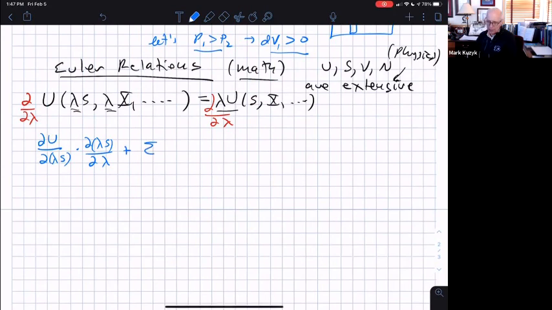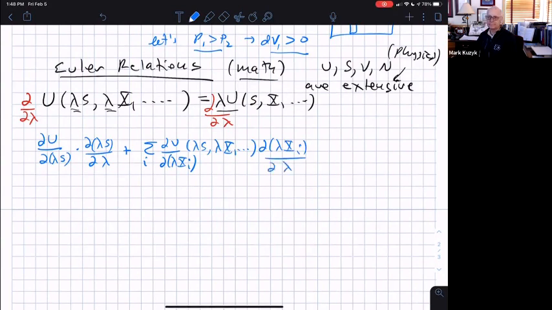Let me say sum over i, partial u with respect to lambda x_i. And then this is going to be as a function of all the extensive parameters. And then partial lambda x_i with respect to lambda.